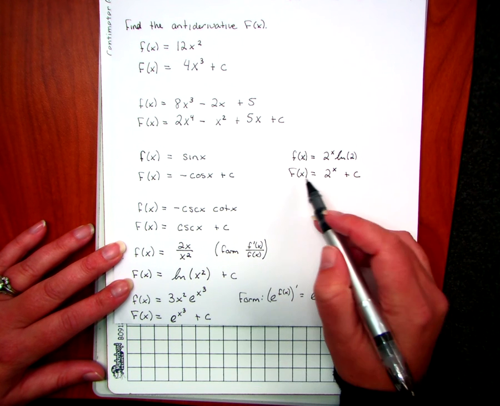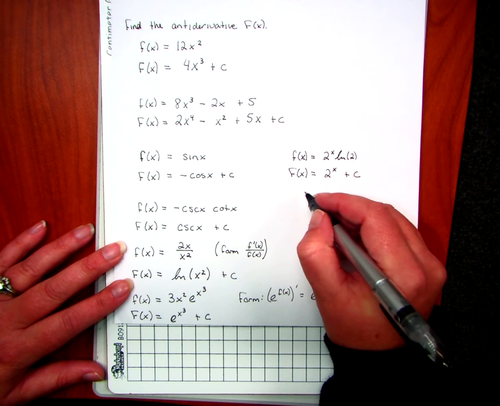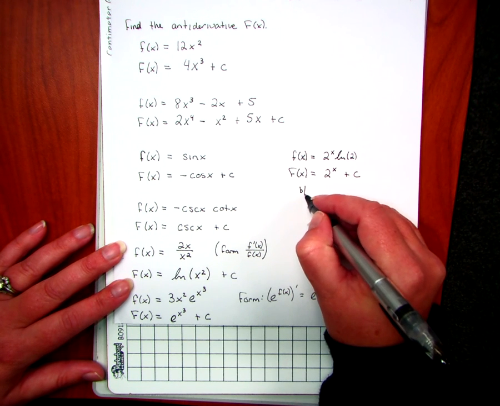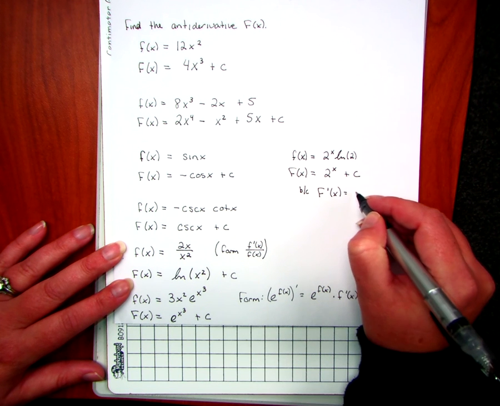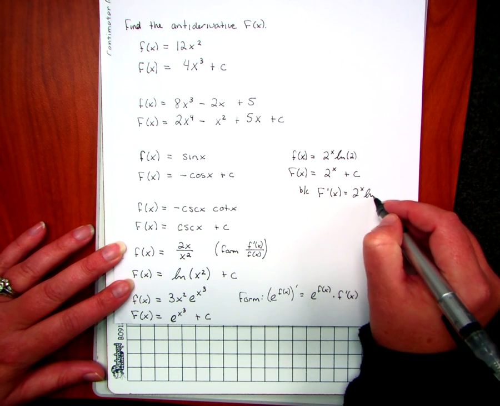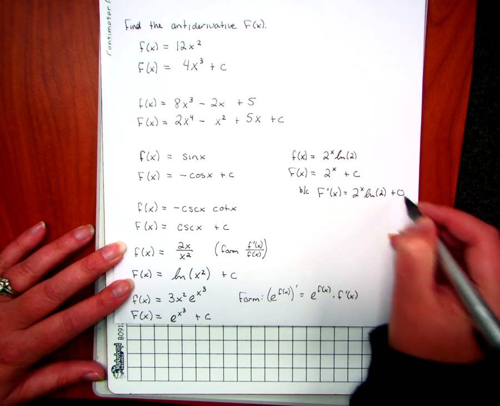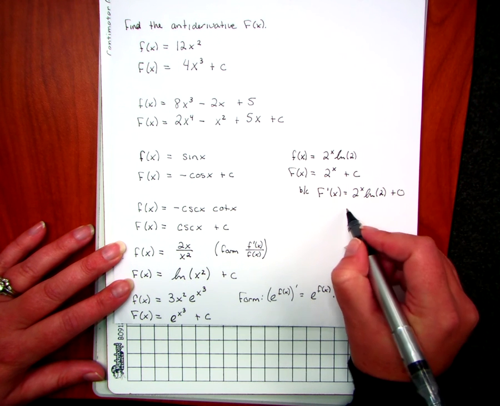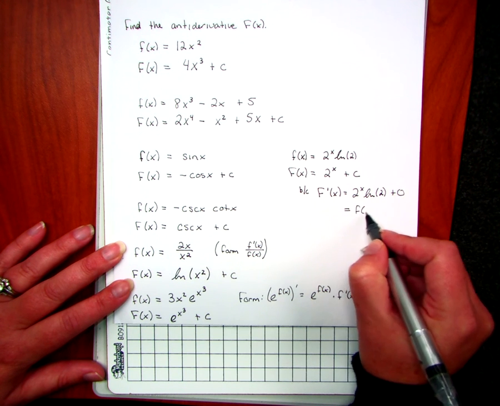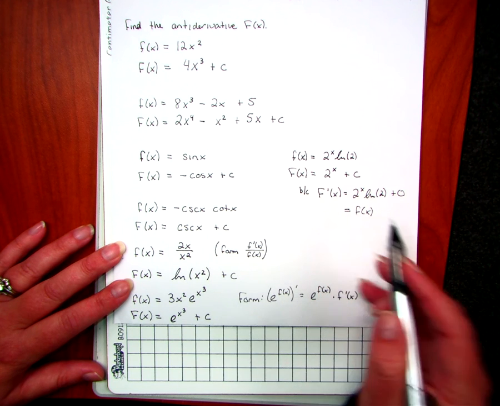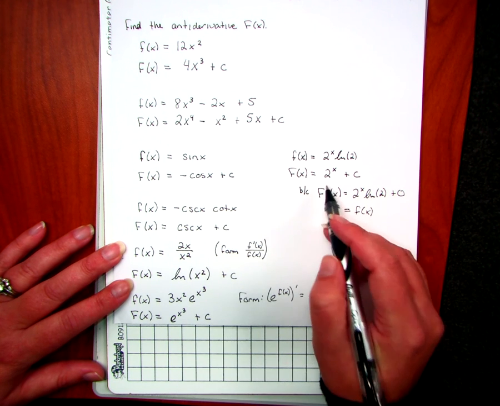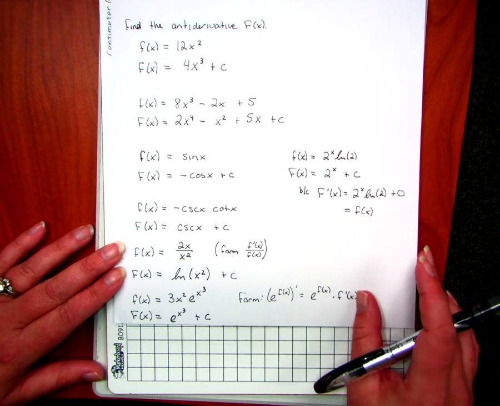Because if I were to take the derivative of capital F, it is going to be the derivative of 2 to the x, which is 2 to the x ln of 2 plus 0, which equals little f. Okay, so the derivative of capital F is little f, and therefore we know we have the correct antiderivative.